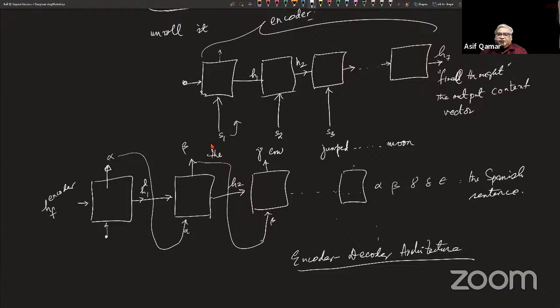The problem that we faced was that if you have a very long sentence, the final thought vector, H final, is more aware of the last few words. The last few words dominate.